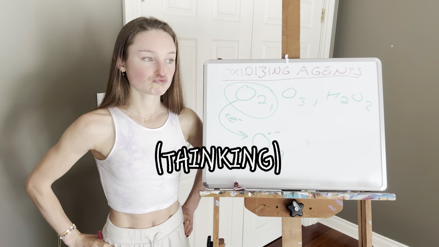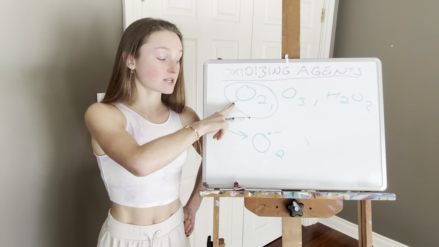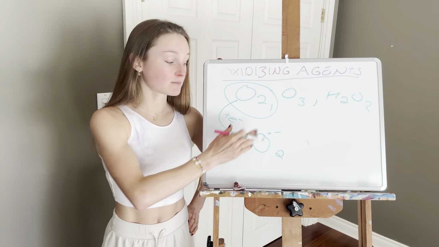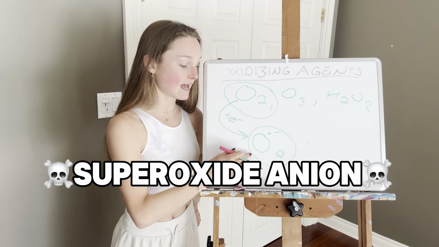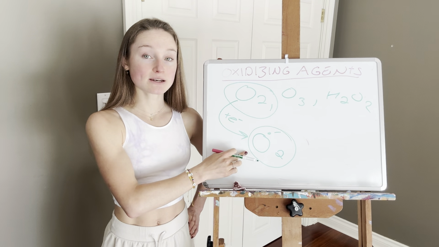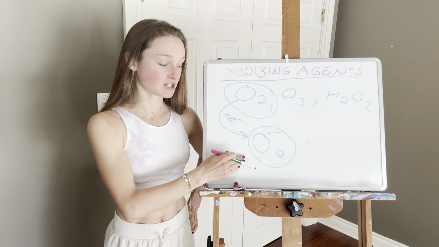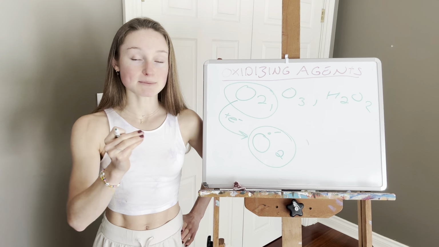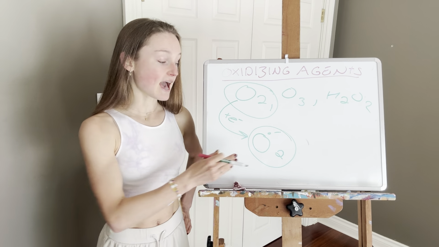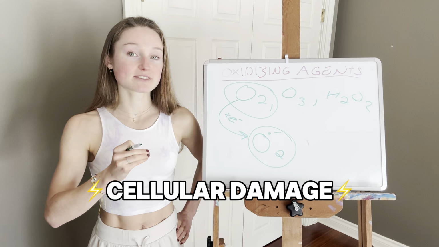So oxygen plus an electron becomes superoxide anion. Superoxide anion is a reactive oxygen species. It is very unstable, it is highly reactive, and it causes a huge amount of cellular damage.